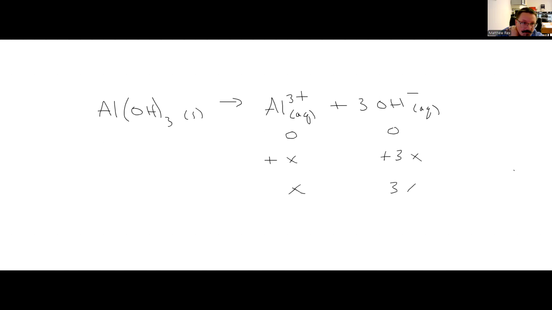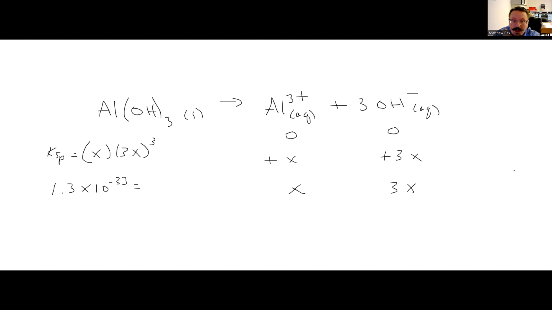So that means our KSP will be equal to X times 3X cubed. Our KSP is 1.3 times 10 to the negative 33.